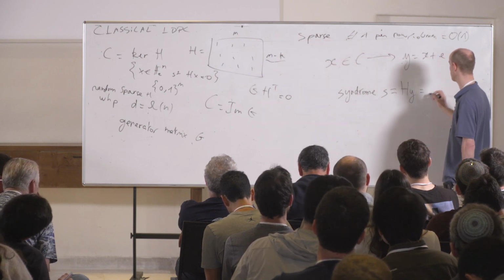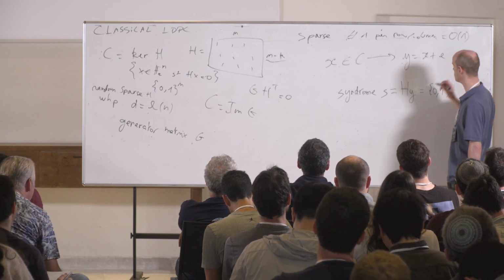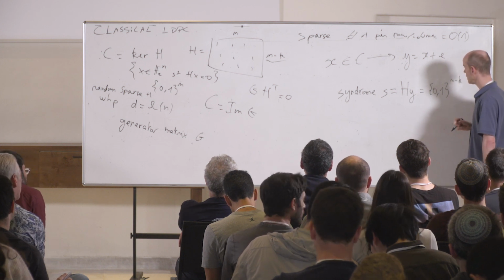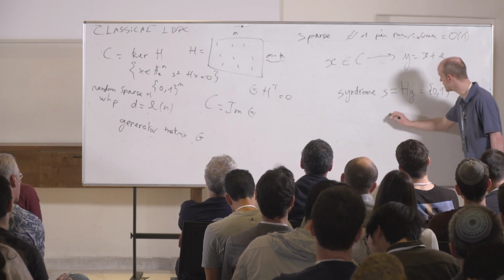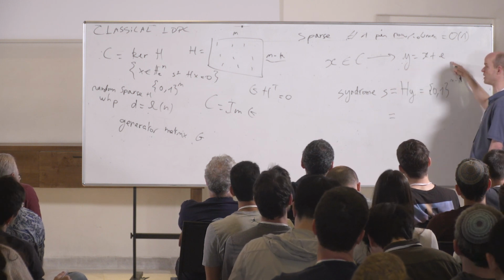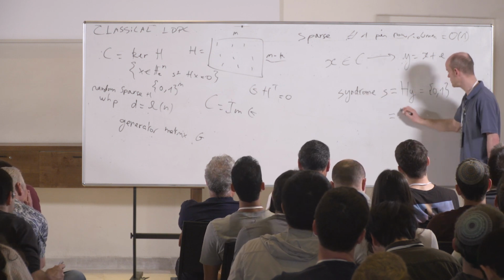This is a bit string of length n minus k, since you have n minus k parity checks. Everything is linear, so it's HX plus HE. HX equals 0 because you have a codeword, so this is just HE.